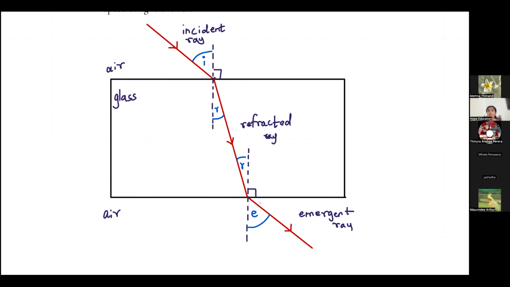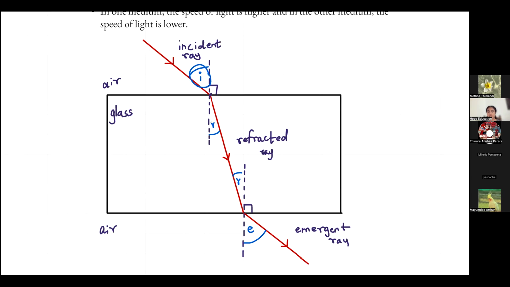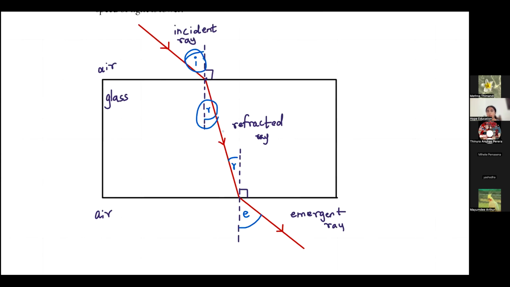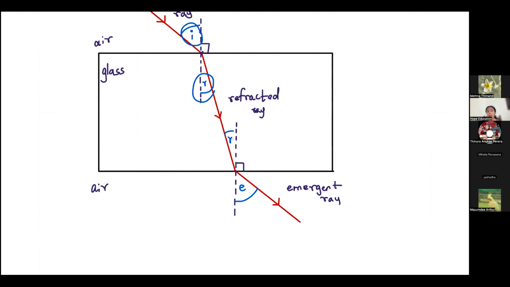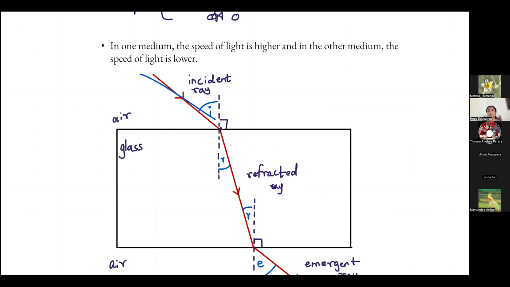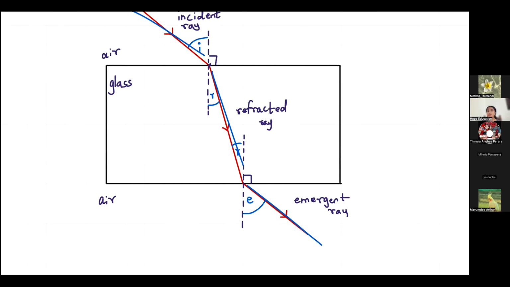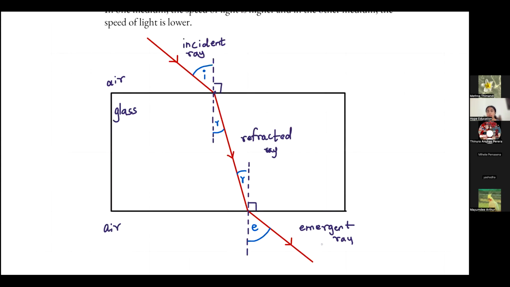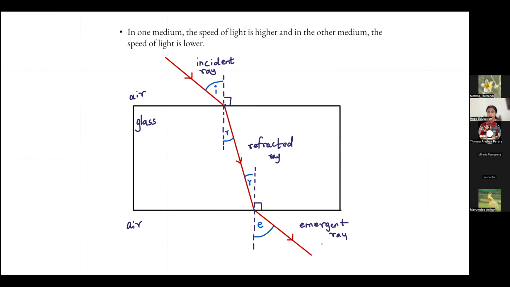So we have angle of incidence, angle of refraction, and because of the parallel lines and alternate angles, this is also the angle of refraction, and this gives us the angle of emergence. This is the incident ray, this is the refracted ray, and this is the emergent ray. Is this clear? Is this diagram clear to you? Others?